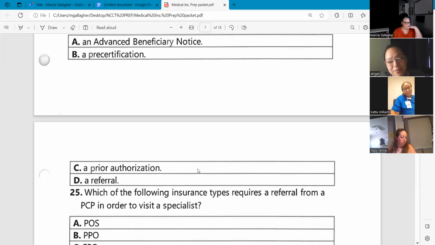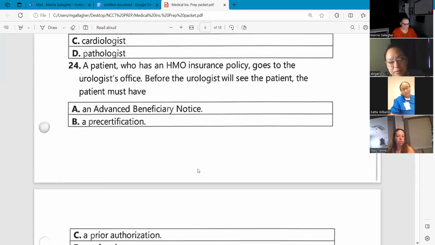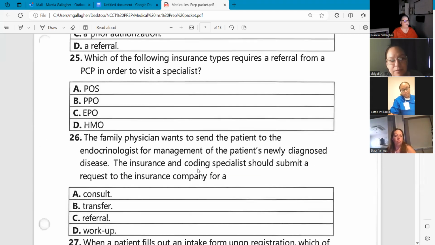A referral. Does everybody agree? Yeah. It's a referral. If y'all don't know HMO and PPO, by the time we go over these things 100 million times, you will. But it's good to practice because it's a skill that you need to practice with.